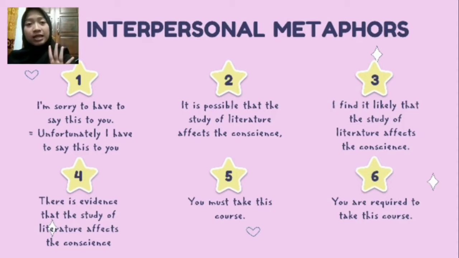The fourth is: there is evidence that the study of literature affects the conscience. The fifth is: you must take this course. And finally, the sixth: you are decreed to take this course.